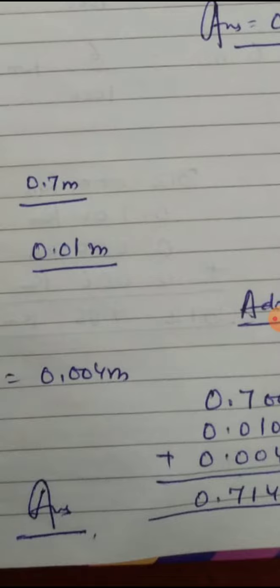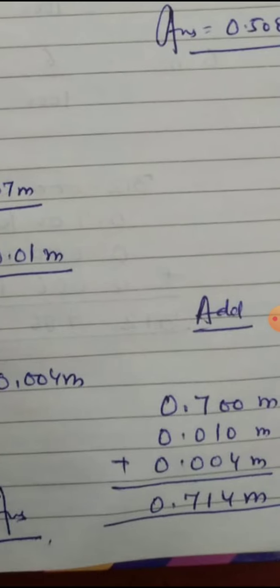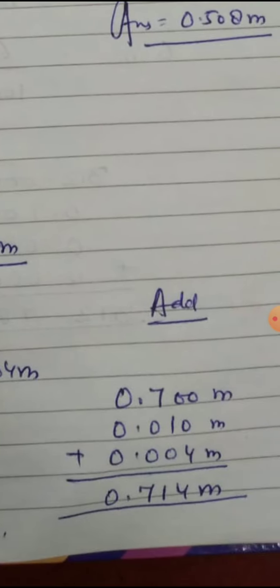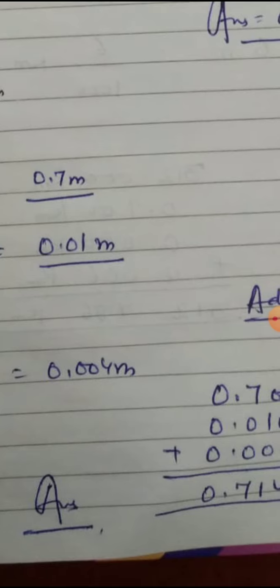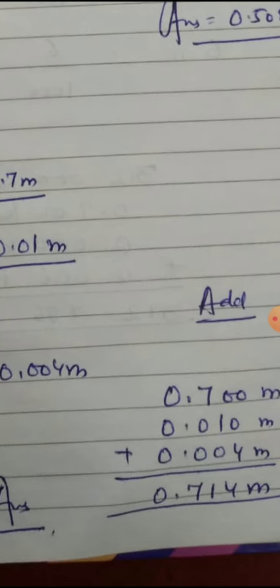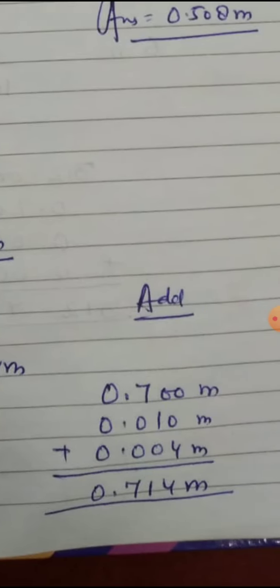Your first number is 0.7. You have to write 0.700 meter, because you are putting up to 3 decimal places. Next number is 0.01, again put a single 0 here.